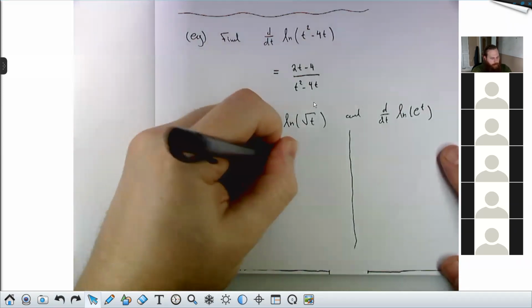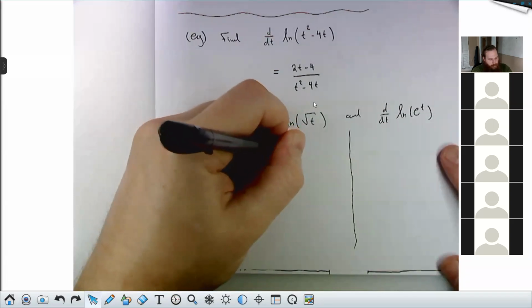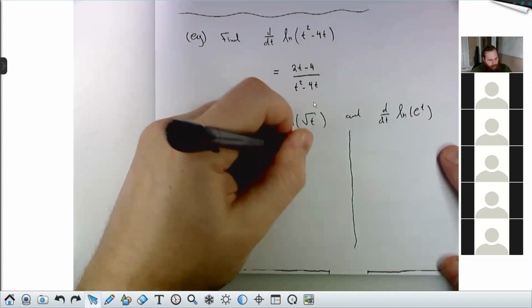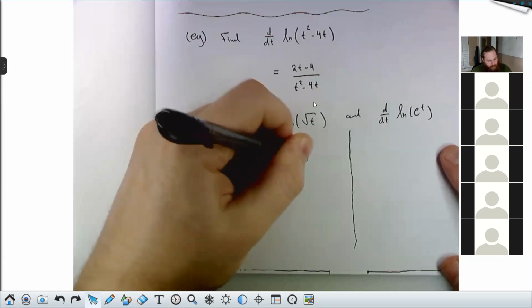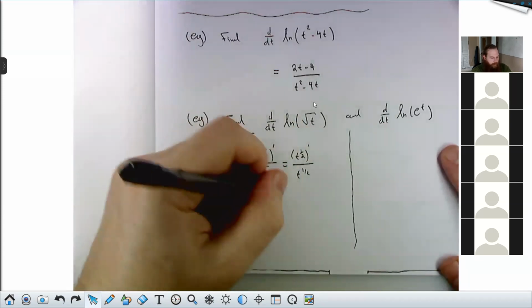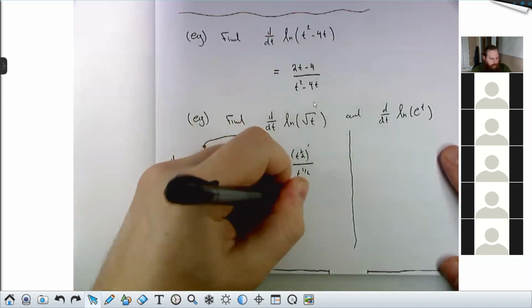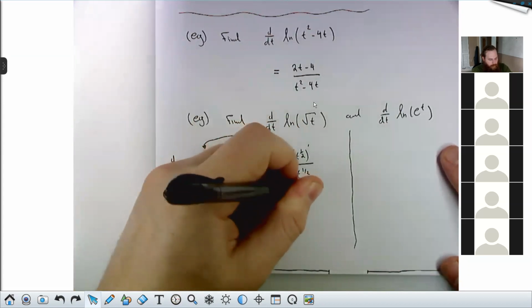The square root of t primed, okay, well that's t to the 1/2 primed. We'll write it like this, all over t to the 1/2. And then the derivative of t to the 1/2 upstairs is 1/2 t to the negative 1/2.